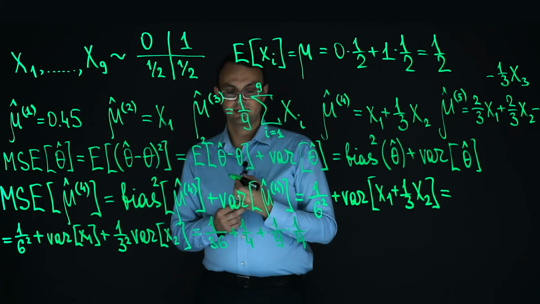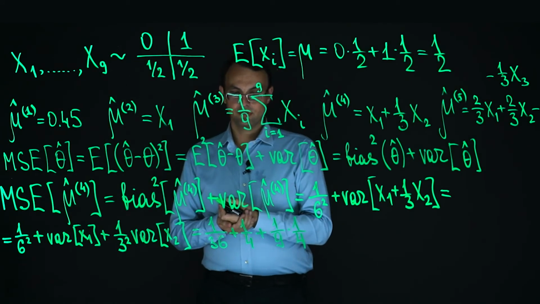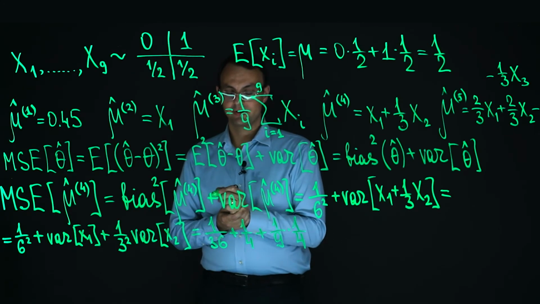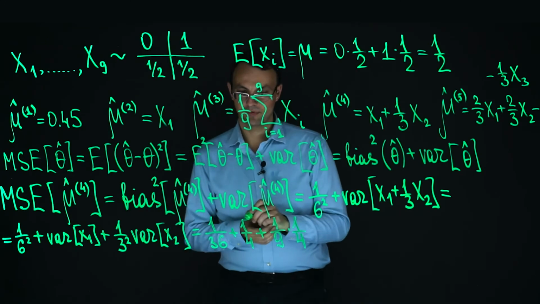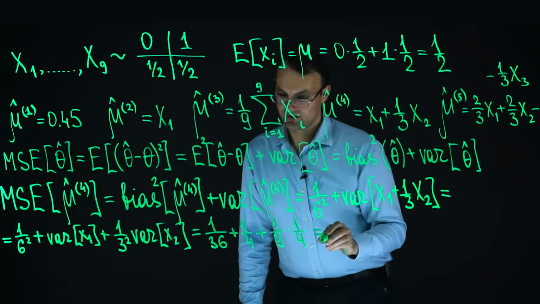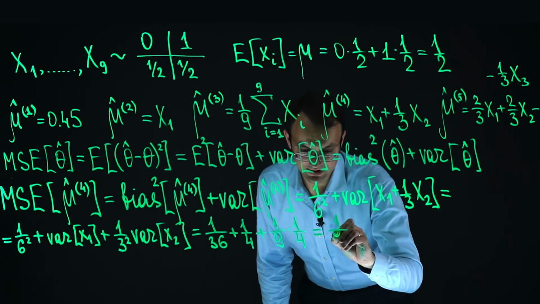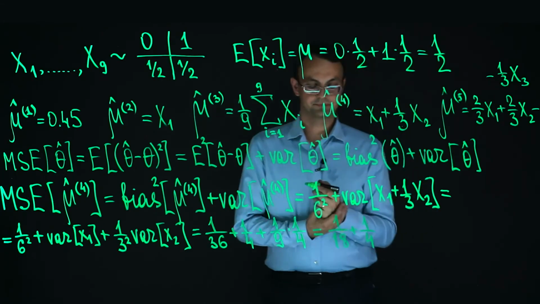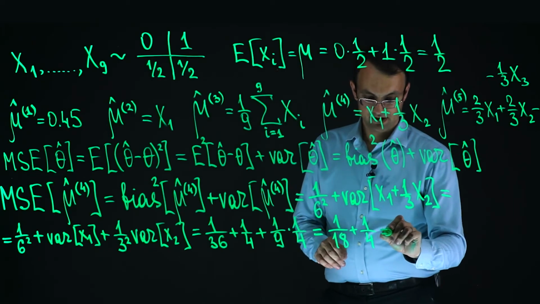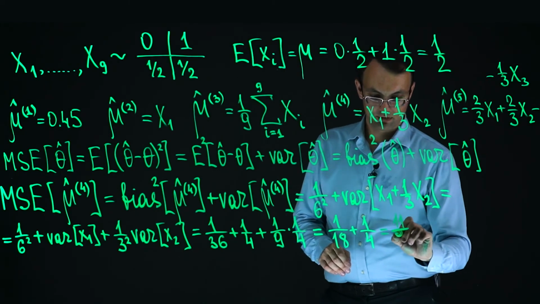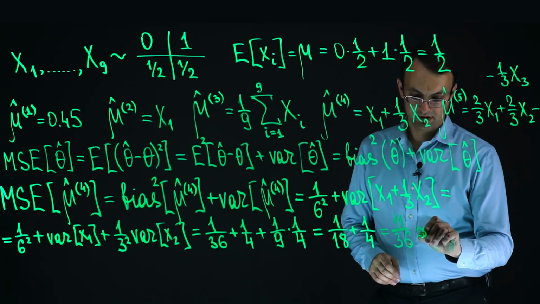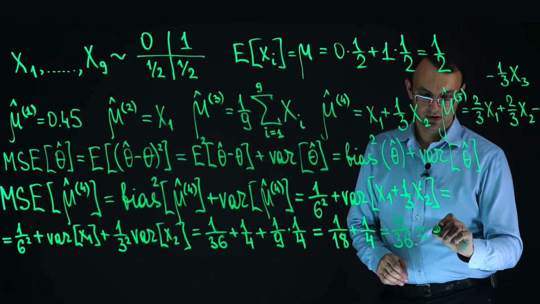So this is 1/18 plus 1/4, which is equal to 11/36, or in decimal numbers approximately 0.306.